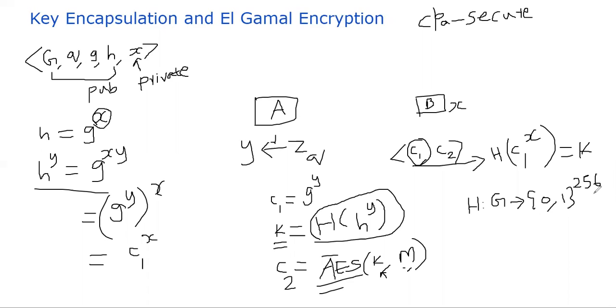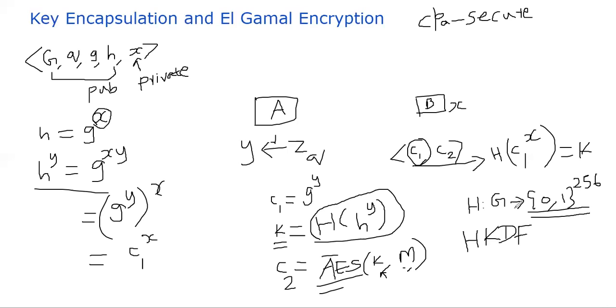So our H should be mapping the group element to a 256-bit AES key. How do we define such an H? All I did is make use of the HKDF function. We talked about HKDF; you can look it up online. HKDF is a key derivation function which extracts a uniform or close to uniform string. We need a uniform or close to uniform key. Otherwise, the attacker will know what the possible keys are that H will map to. We don't want that.